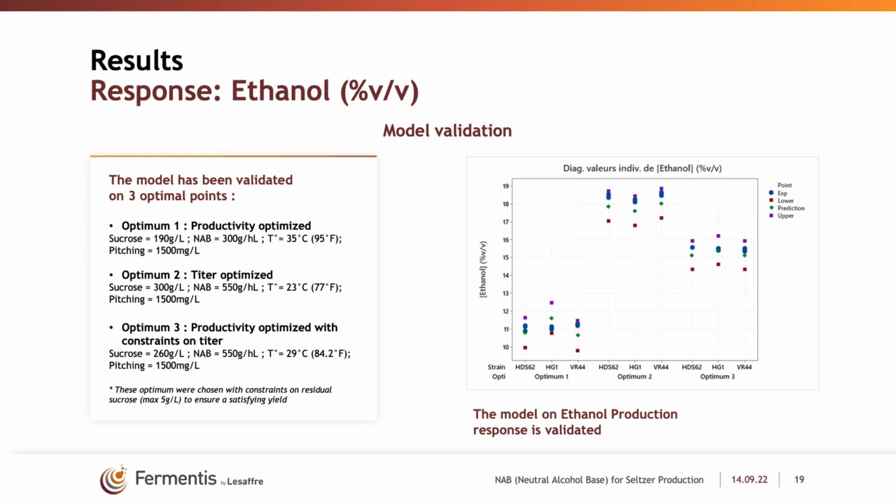In the graph, you can see in blue the experimental point, and in green, you have the predictive point. And as you can see on the graph, the blue point and the green point are very close, so we can say that the model on ethanol production response is validated.